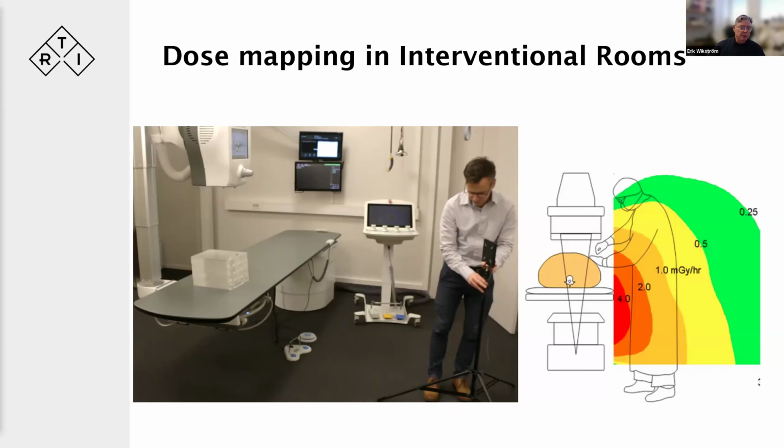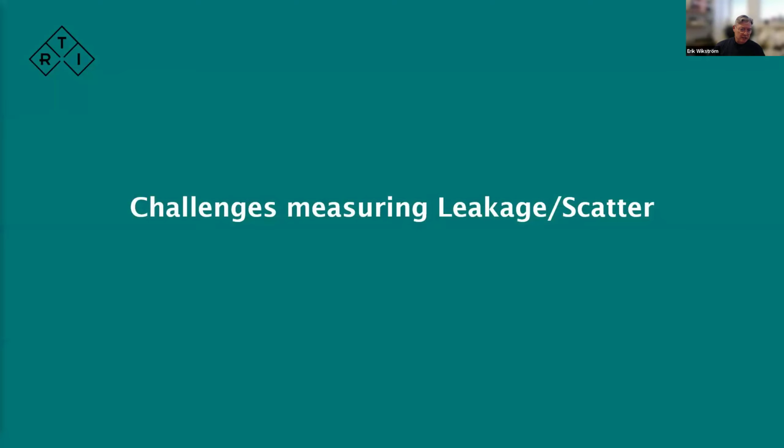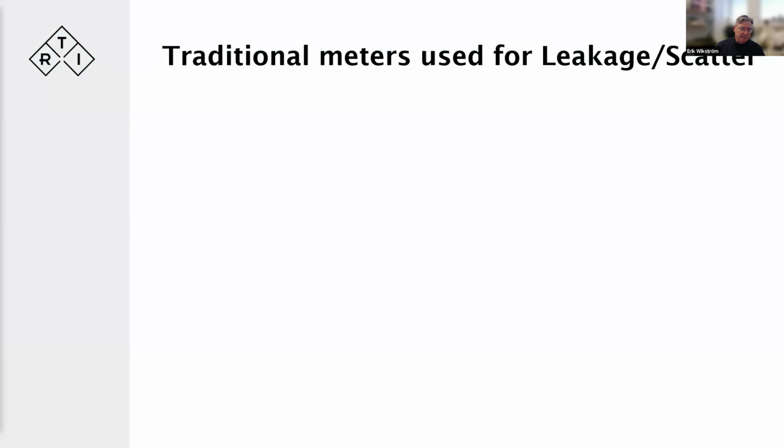It sounds pretty straightforward, but when we start digging into it, there are some challenges when it comes to measurement. And it is for that reason that we've developed a scatter probe for this. Now, what is it?